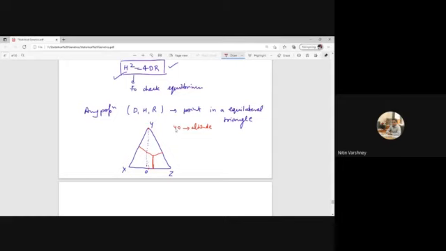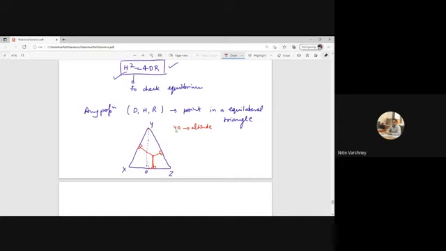Now see here, this D, H and R will make a 90-degree angle.